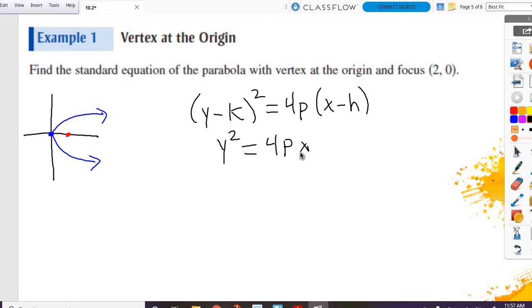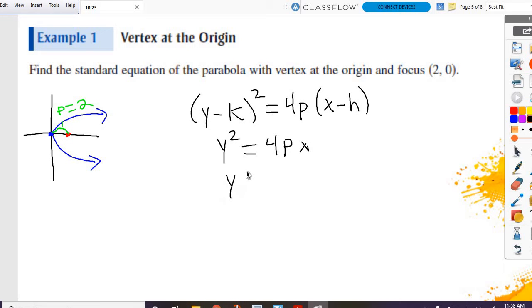So if we have already found our h and k, then what's our last variable that we have to find? The p value. And we said that p is the distance from the vertex to the focus. So this is going to be my p value, which in this case is going to be 2. So am I just going to put a 2 in front of my x?